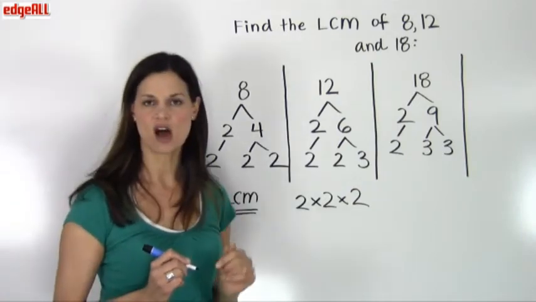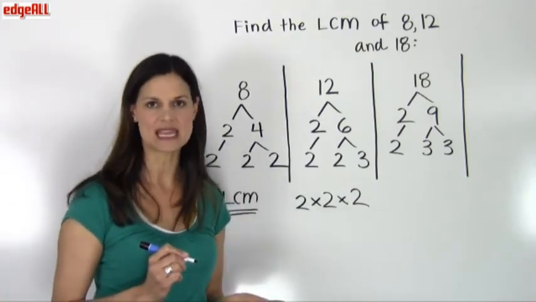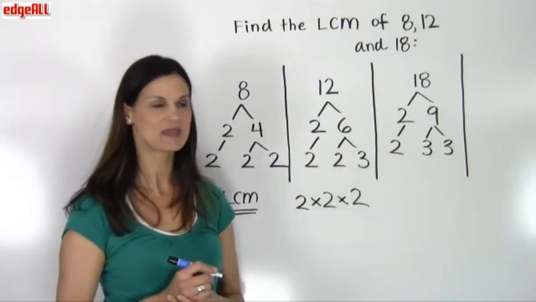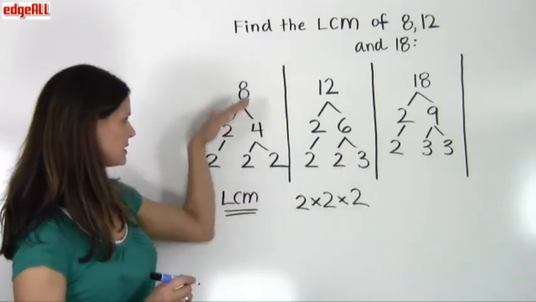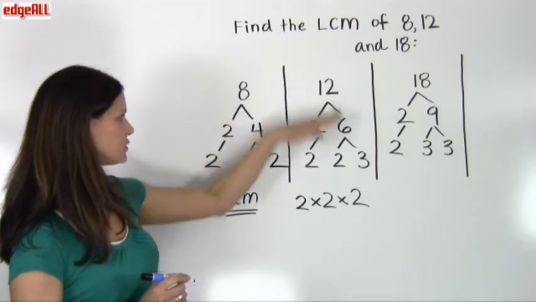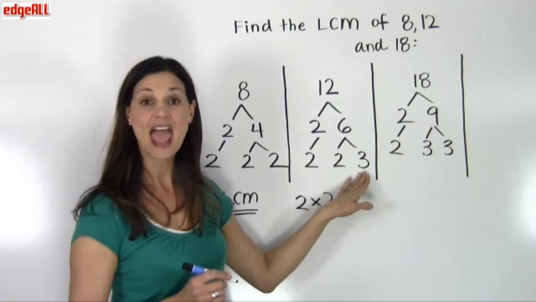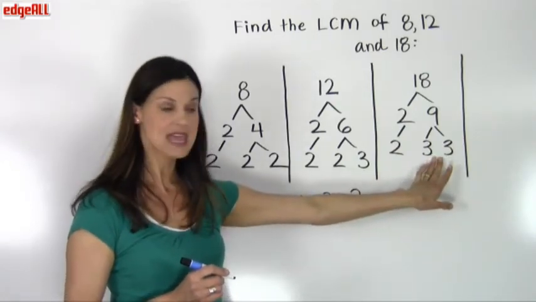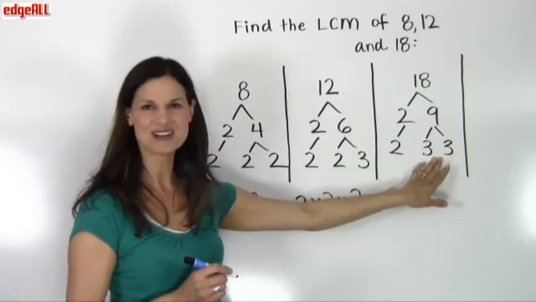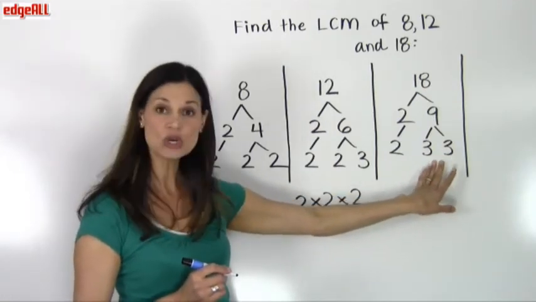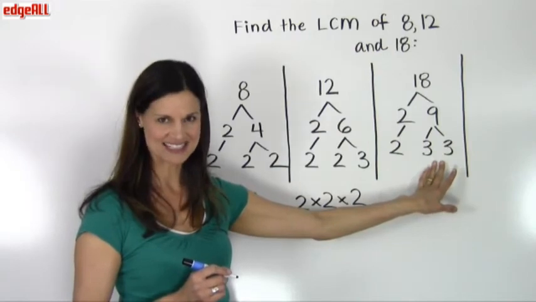And now we move on to looking at our 3's. So that's the other prime number that we have in our set. Now, there are no 3's over here in the 8. There's 1 3 in the 12 prime factorization, and there are 2 3's in the prime factorization of 18. And so we are going to use 2 3's in our least common multiple.